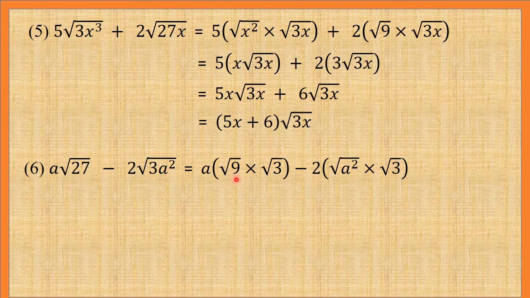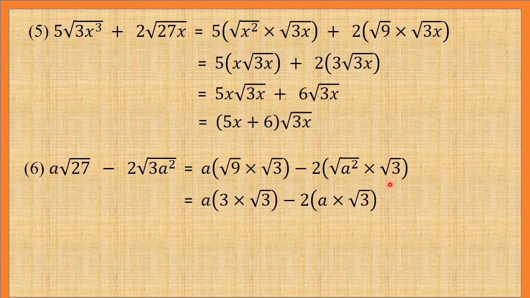Root of 9 is 3. Root of a squared, the square will just go with the square root sign. So this will be simplified as 3 root 3 minus 2a root of 3.